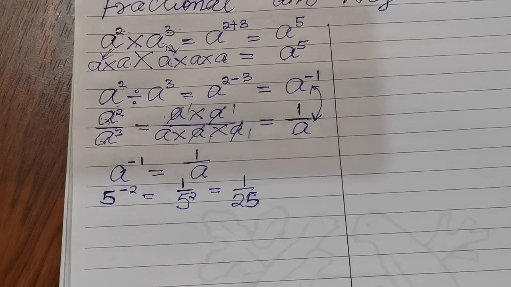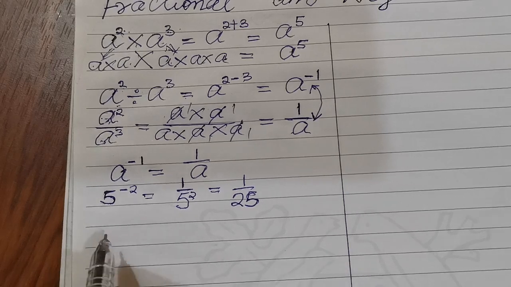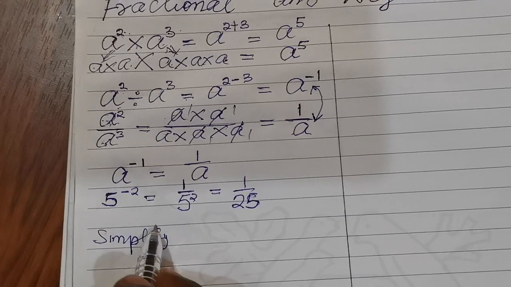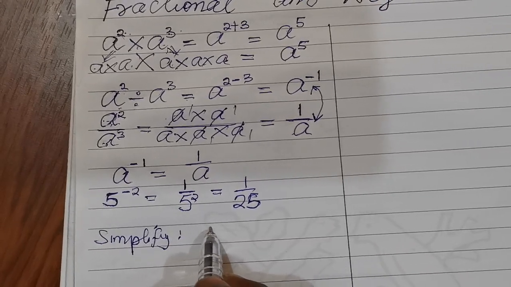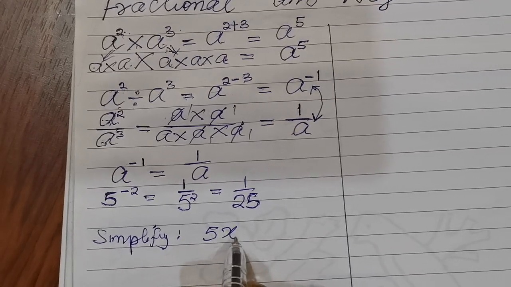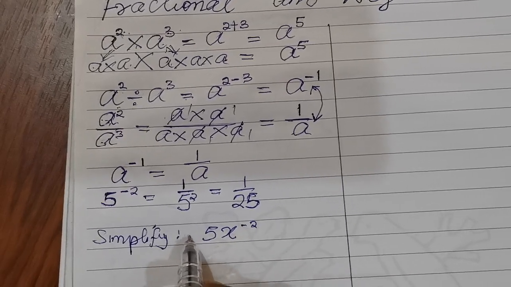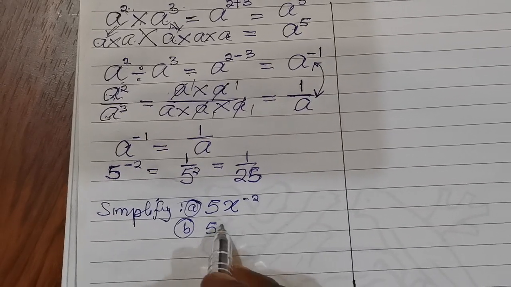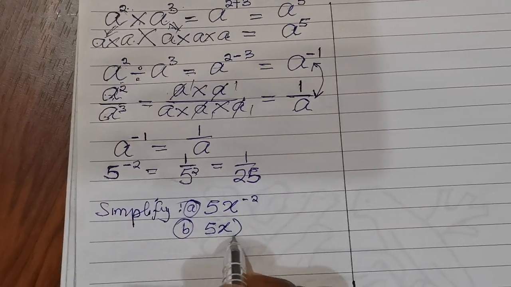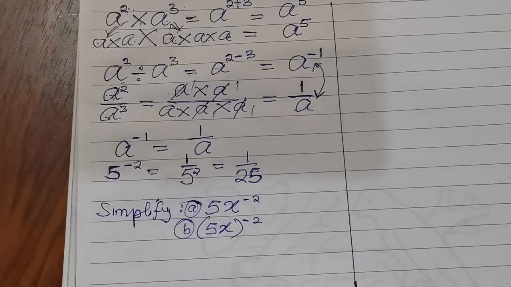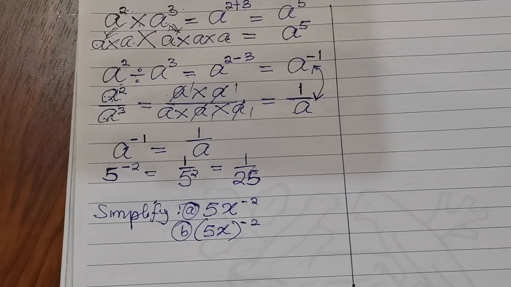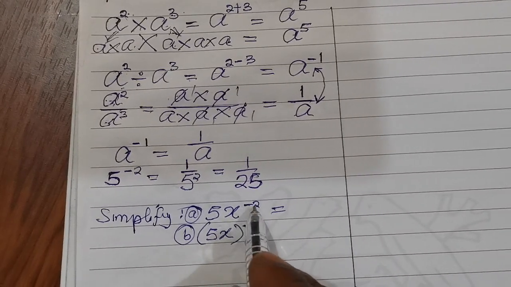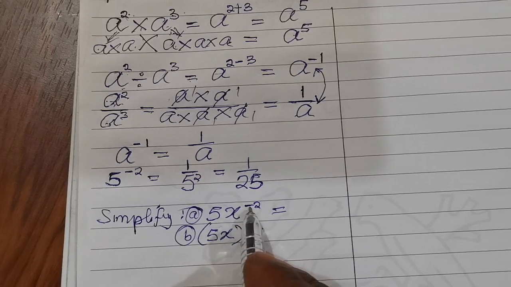Okay, let's look at this question now. If we are asked to simplify 5x to the power minus 2, and also simplify (5x) to the power minus 2, you look at this, they are not the same. In the first one, x is the one that has the minus 2, so we look for the reciprocal of x.